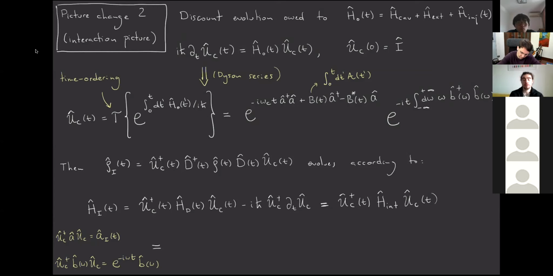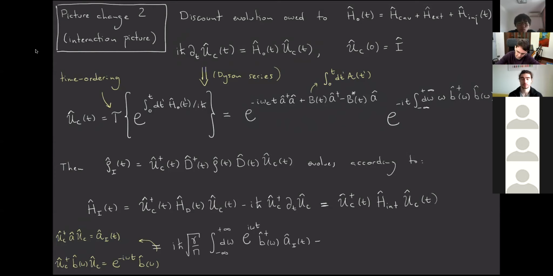So then, taking these two things into account, the final form of the Hamiltonian in the interaction picture is this very simple one. It's just the one that we had, in which we had the interaction of b dagger of omega with A, but now the A is the one in the interaction picture, and the b dagger of omega is multiplied by e^{i omega t}.